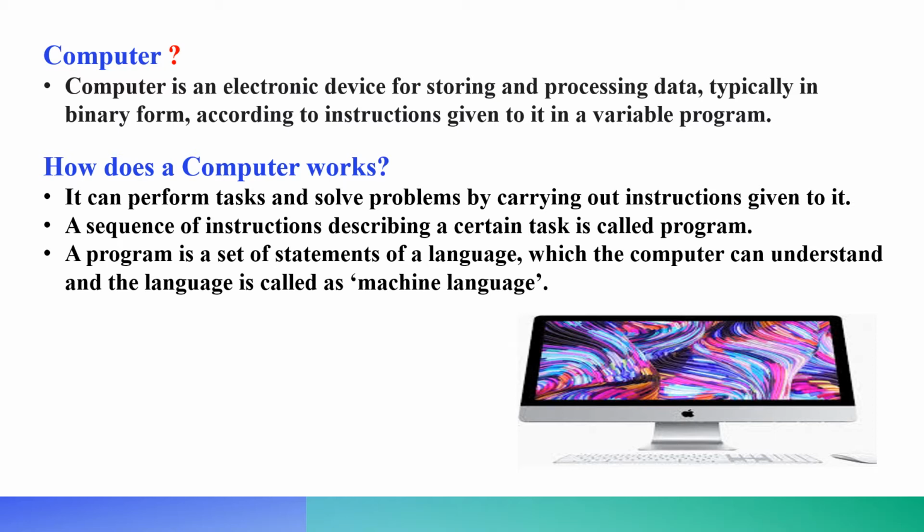A program is a set of statements of a language which the computer can understand, and the language is called a machine language. There are various machine languages of computers like COBOL, Unix, HTML, etc.